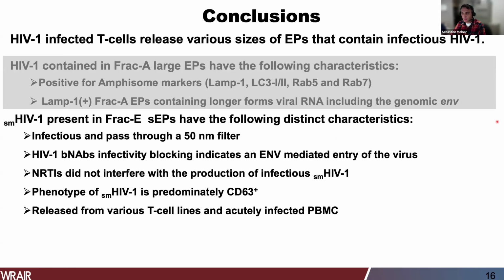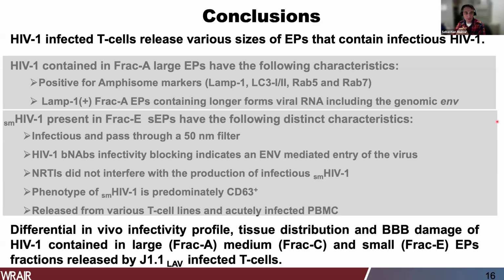Meanwhile, the small HIV was present in fraction E, which is less than 50 nanometers and can pass through 50 nanometer filters. It can be blocked by HIV-specific broadly neutralizing antibodies. NRTIs did not interfere with the production and release of the small virus. They have a CD63 phenotype, and we were able to recover them not just from T cell lines, but also from acutely infected PBMCs.